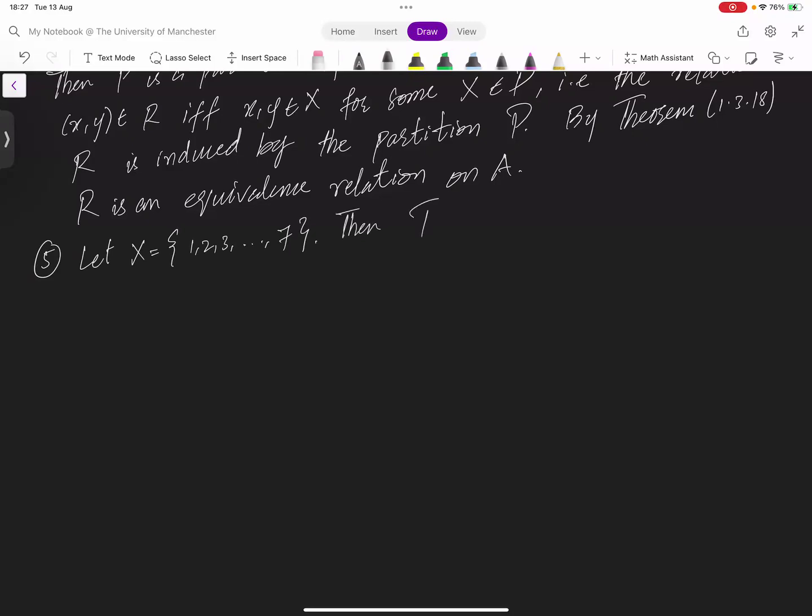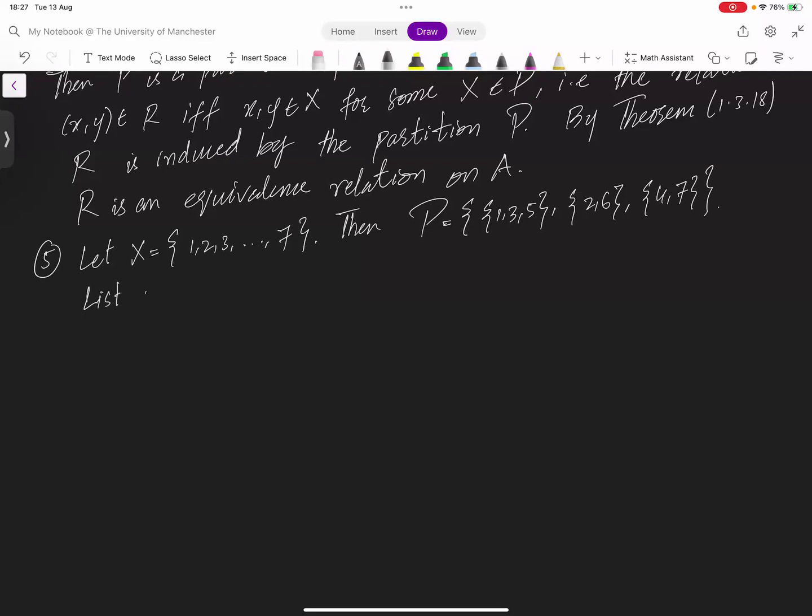Then we have a partition which has subsets like {1, 2, 3}, {1, 3, 5}, {2, 6}, and {4, 7}. We need to list the elements of the corresponding equivalence relation R on X induced by the partition.